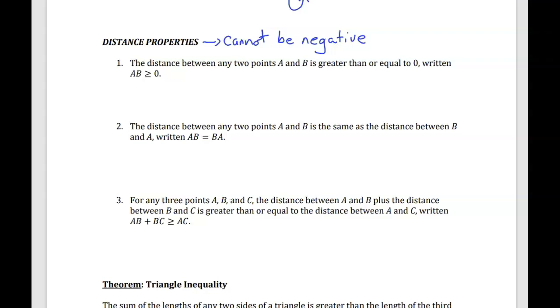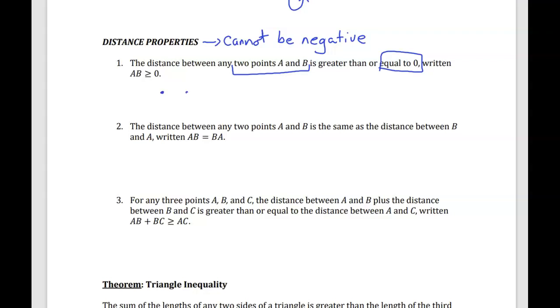And so that is what this first property is saying, that the distance between any 2 points, A and B, is greater than or equal to 0. And that's written AB, the distance between A and B, is greater than or equal to 0.